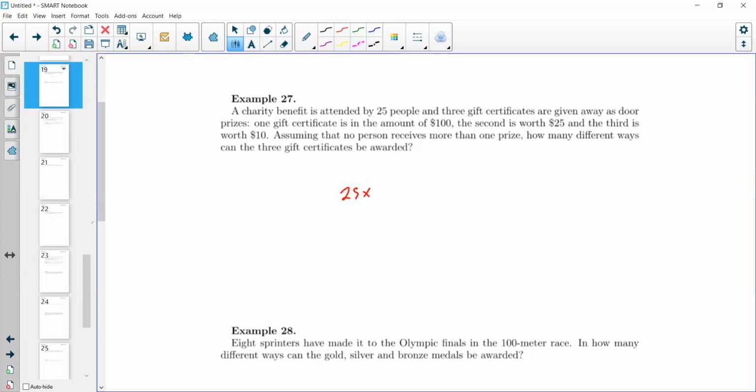So how many people can get the second one? 24. And then how many can get the third one? 23. So we have 25 times 24 times 23, which is a whole lot. 13,800. That makes sense?